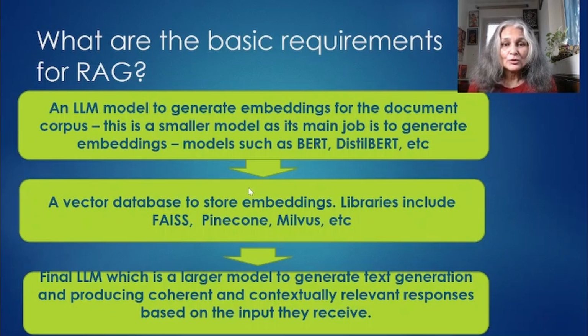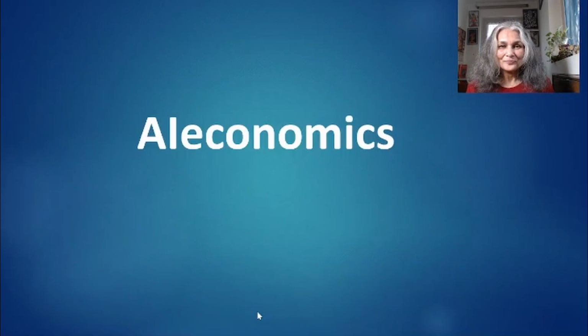Libraries for this include FAISS, which is from Facebook, Pinecone, and Milvus, etc. And the third thing is it requires a larger language model such as GPT-4 to generate the text responses, producing a coherent and contextually relevant response to the query.